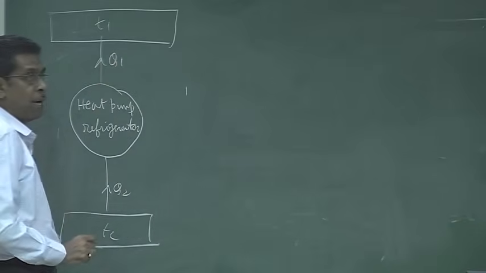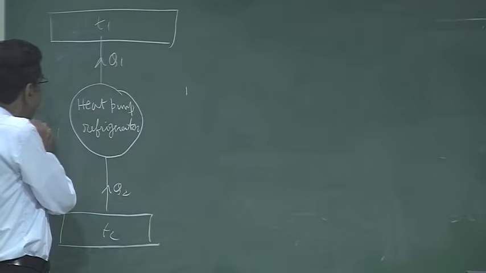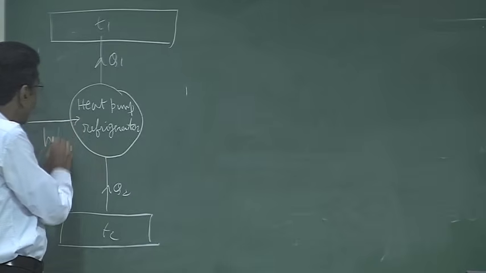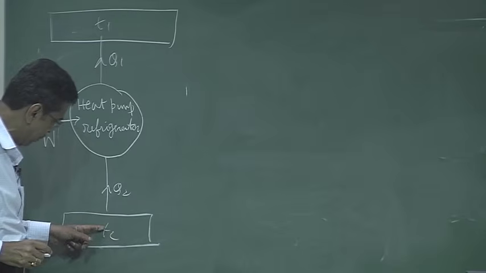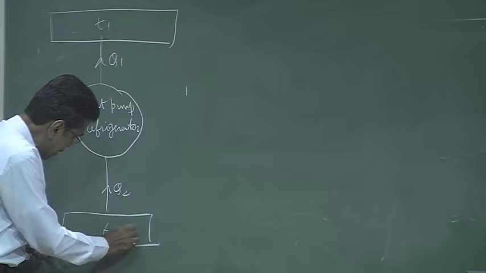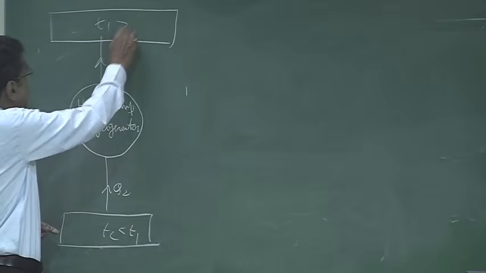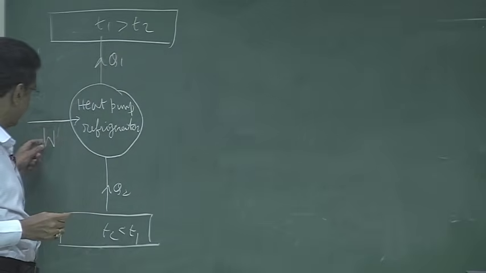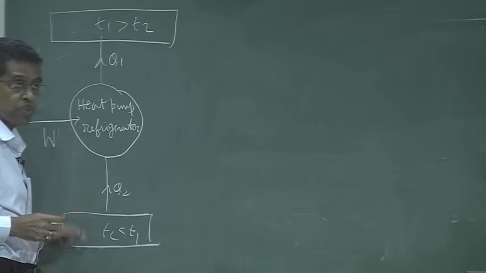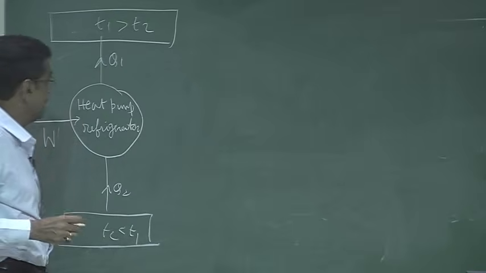That is not possible according to the Clausius statement by itself, but it takes work from outside. So by giving work from outside, one can take heat from a low temperature T2 to a high temperature body T1, where T1 is greater than T2. In this case it is possible, because it takes work, not spontaneously without any effect in the surroundings.